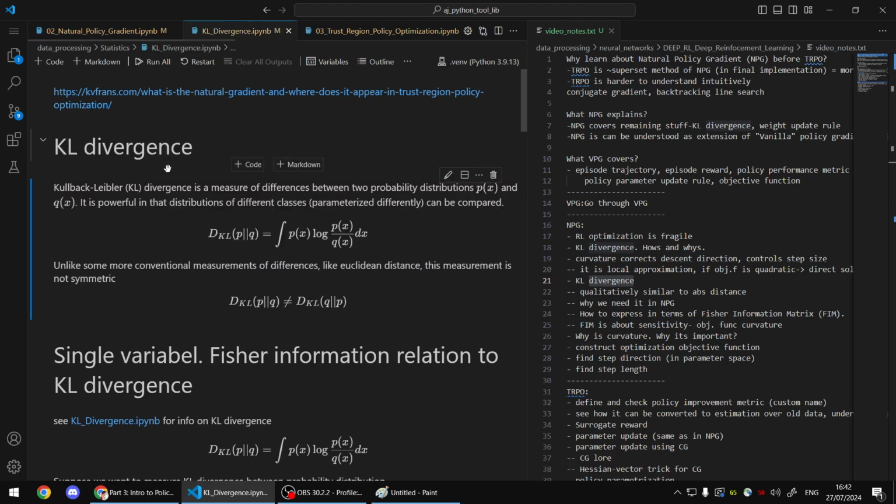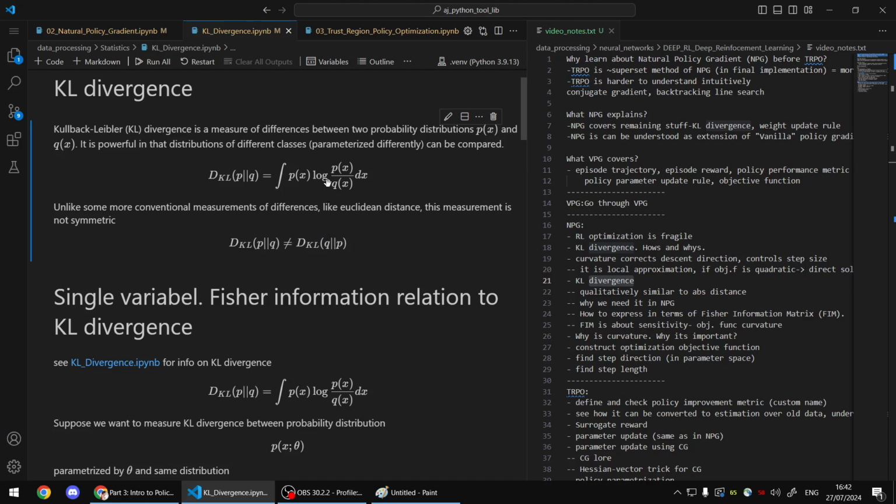In fact, even if these distributions are not of the same class, you can compare a normal distribution with, say, a log normal.